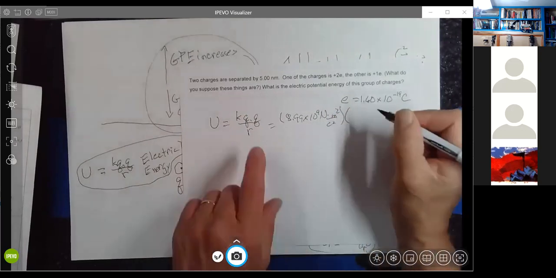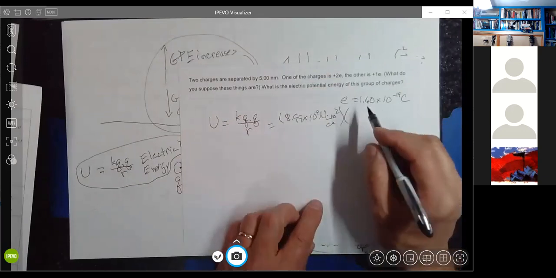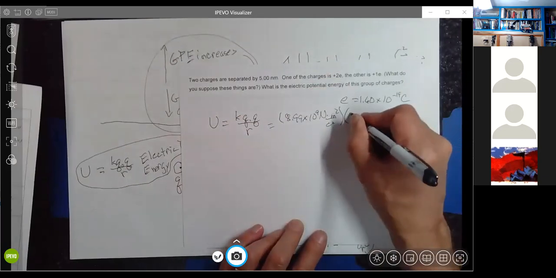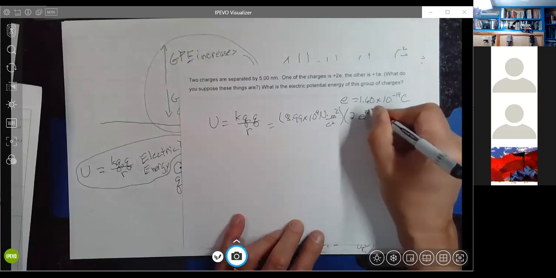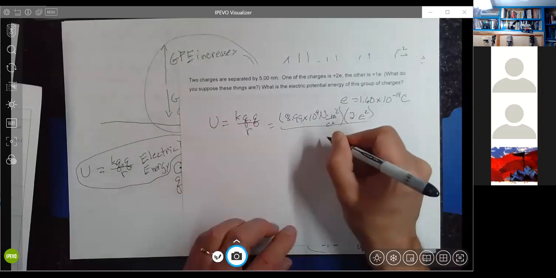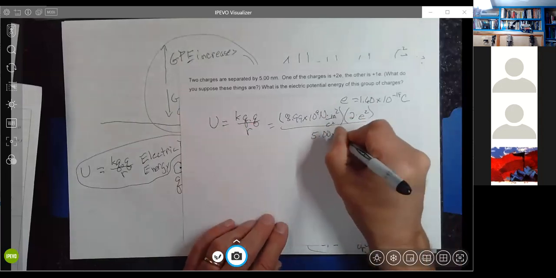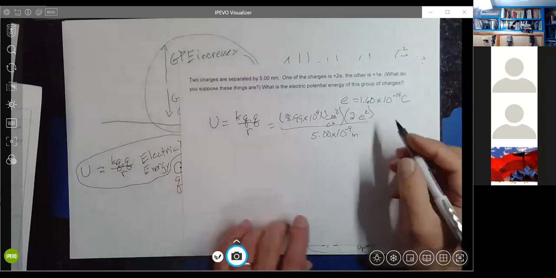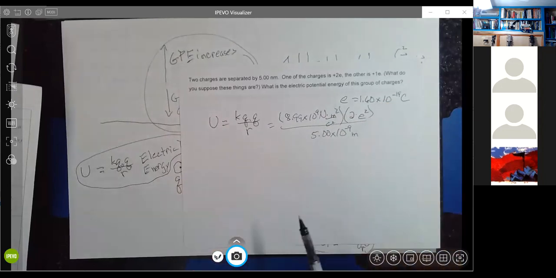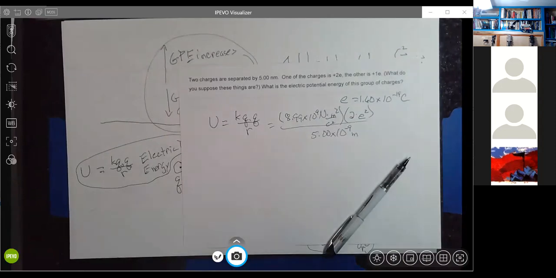And then our charges here, 2e times 1e is going to be 2 times e squared for that part. And the R is 5.00 nanometers, so 5.00 times 10 to the minus 9th meters. Oh, and e being 1.60 times 10 to the minus 19th. There it is.